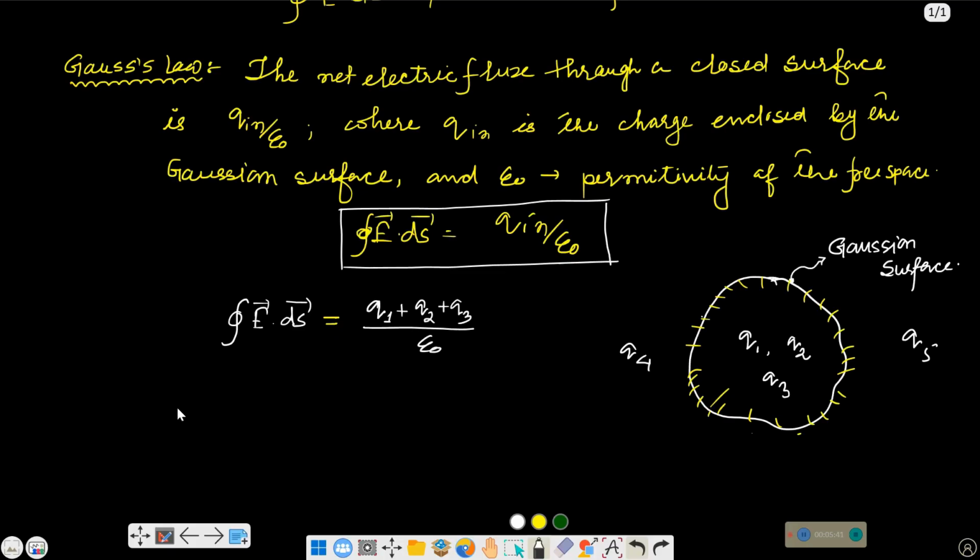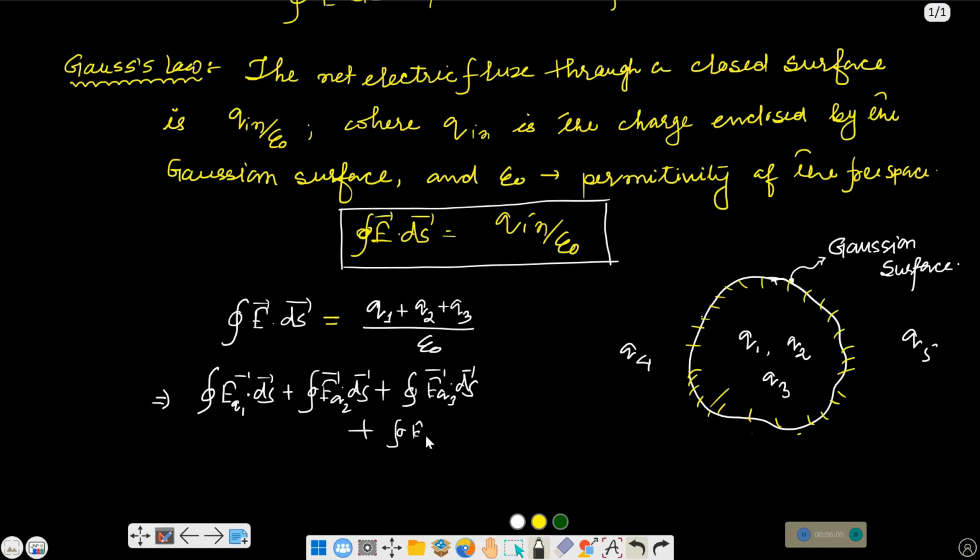But the electric field on the left hand side is because of all the charges. The integral of E due to q1 dot dS, plus the integral of E due to q2 dot dS, plus E due to q3 dot dS, plus E due to q4 dot dS, plus E due to q5 dot dS, is equal to q1 plus q2 plus q3 by epsilon naught.